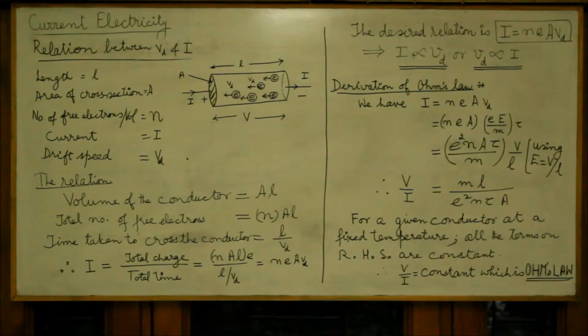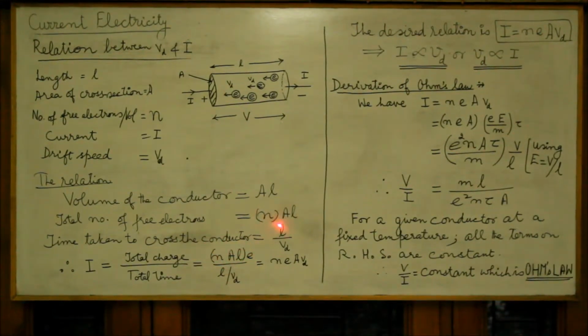This is the charge on the free electrons which cross the conductor: the number of electrons nAL multiplied by the charge on each electron e, divided by the time L over Vd. L cancels out here and you get neAVd.